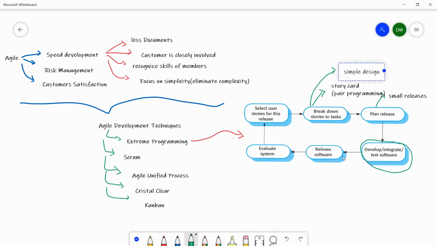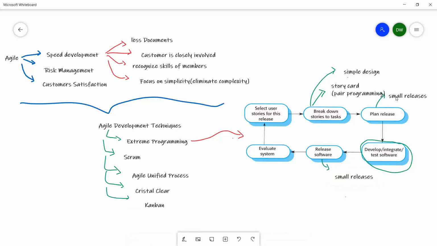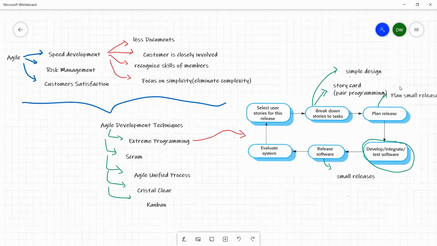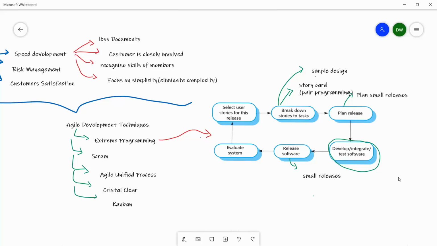Therefore, at the end, they will release whatever product they are going to release, and here also you will have small releases. So here I'll change this to planning small releases, and the product will also be given as small releases, right?